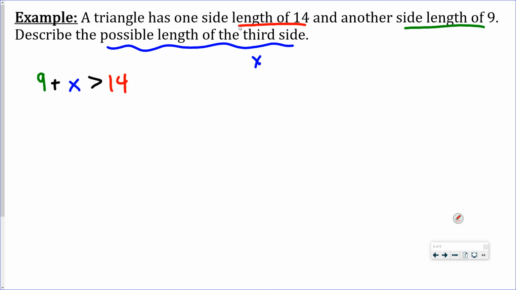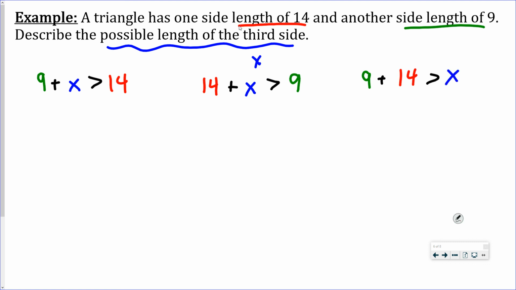There's one criteria. Second criteria, 14 plus my missing side length, again, doesn't matter what order you put these in, has to be greater than 9. And then lastly, my 2 given side lengths, 9 and 14, their sum has to be greater than my unknown side of x.